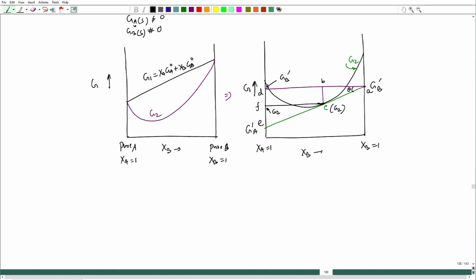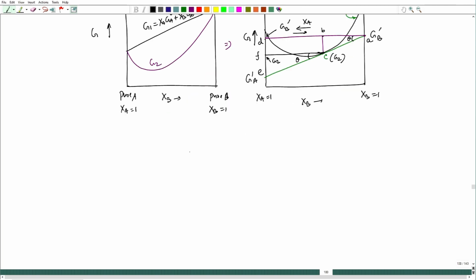So, this is my theta, let us say the angle, the slope of that particular tangent. This is also theta, following the geometric rule, and then I can write. Now, with respect to this consideration, with all those angles as well as the parallel and vertical lines, I can take the slope of this particular angle BAC with respect to X A.